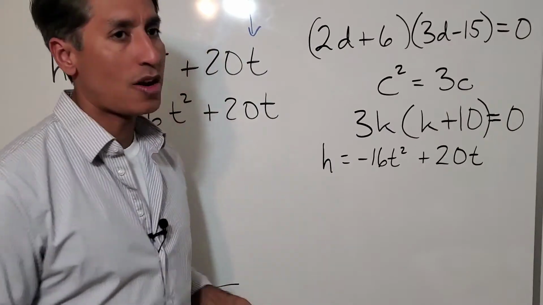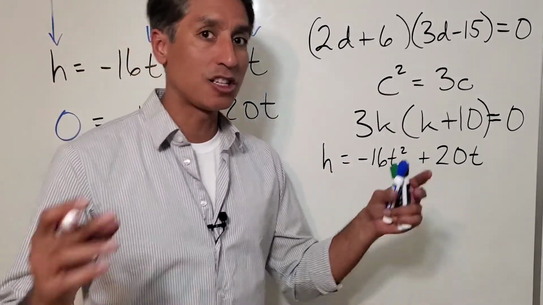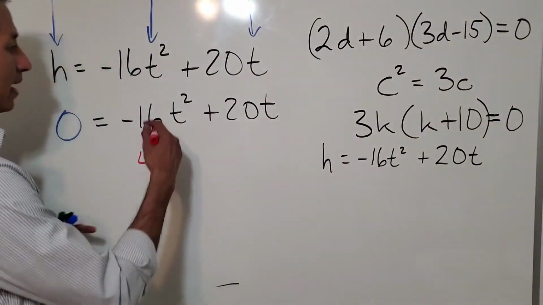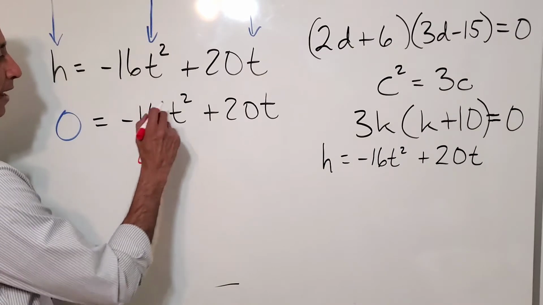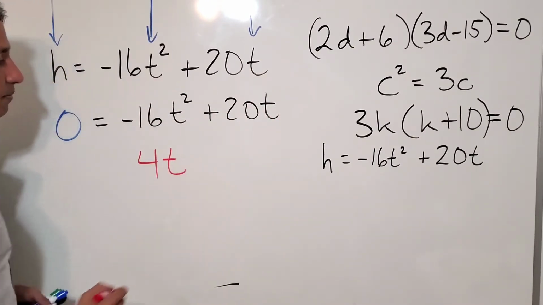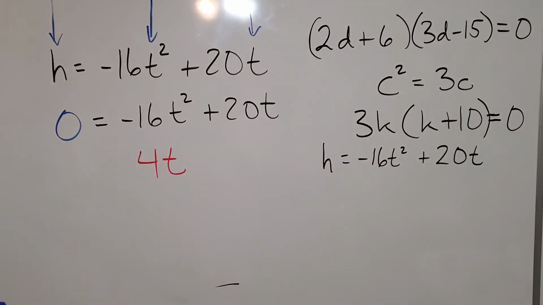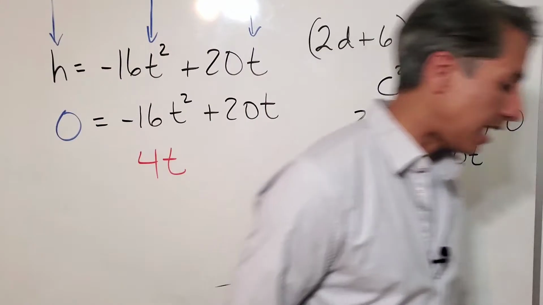And over here you have a 20, which is 2 times 2 times 5. A 2 can be pulled out and a 2 can be pulled out, and 2 times 2 is 4. And then what's the most amount of t's that I can pull out? Just 1.